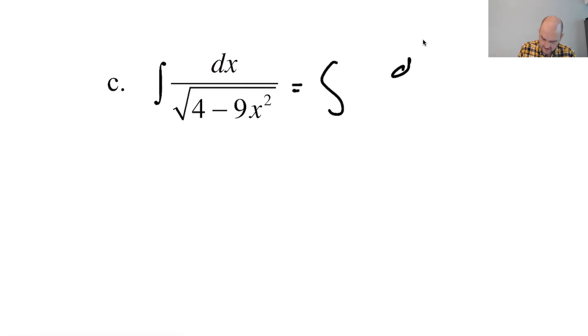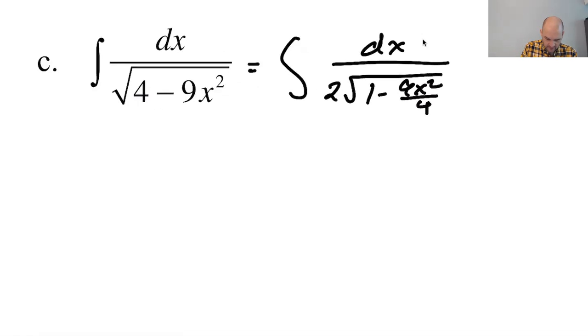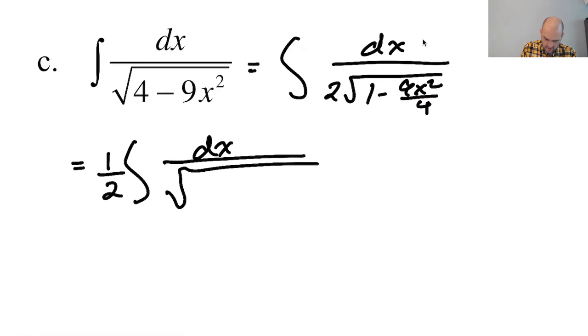I'm going to make this dx over 2. I'm taking 4 out of everything in the radical, and the square root of 4 is 2, so that's where that came from. This will be 1 minus 9x squared over 4, which you might rewrite, and maybe I should have to begin with, as 1 minus the quantity 3x over 2 squared.